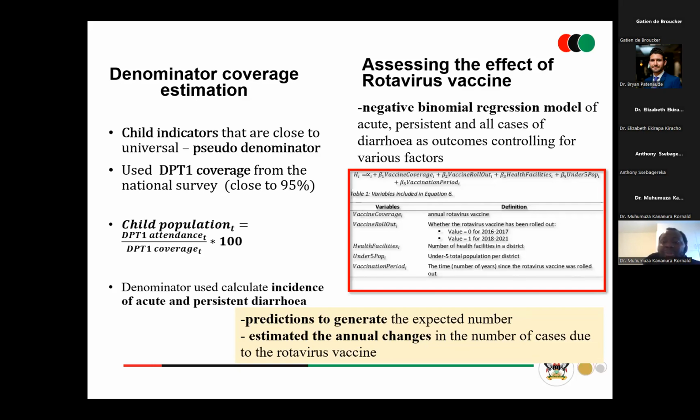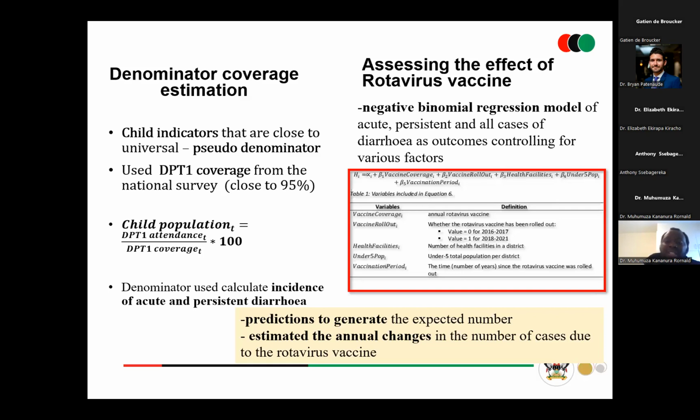And in terms of modeling, we use a negative binomial regression model with the aim of understanding how rotavirus vaccine could be associated with the reduction in hospitalization.